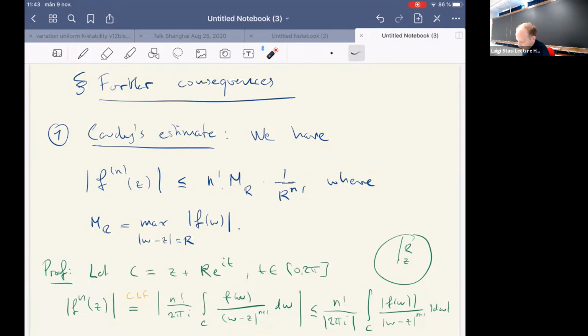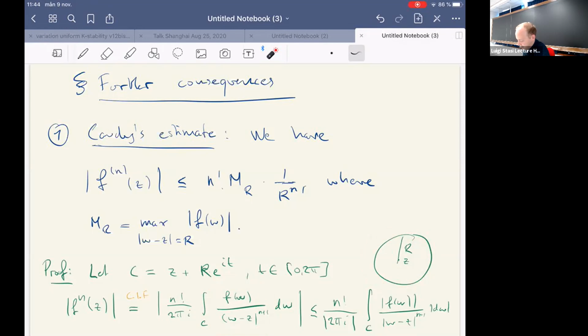But anyway, when you put the absolute value over the integrand and you want to estimate it, the bound you get is by putting the absolute value here, and then you put it outside, and what you want to integrate against is, of course, the length that you go around.